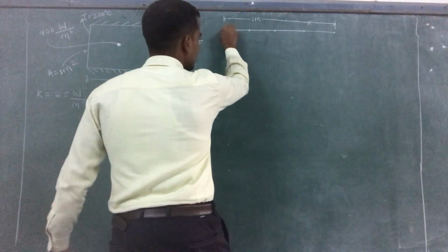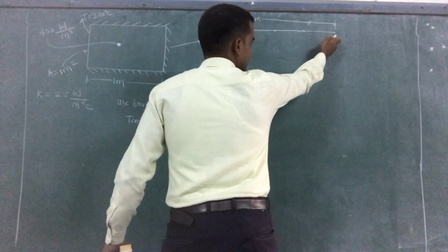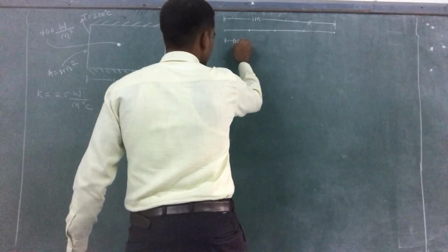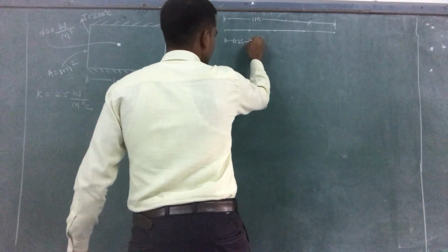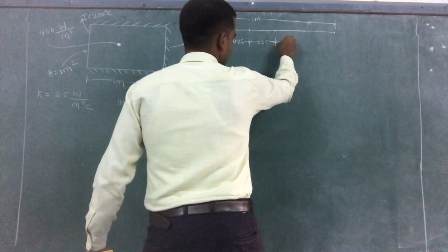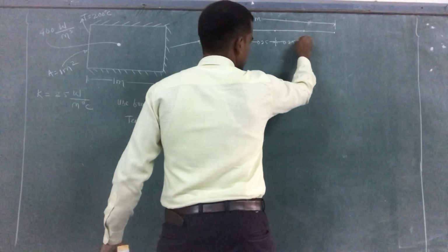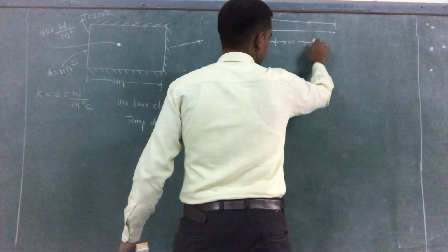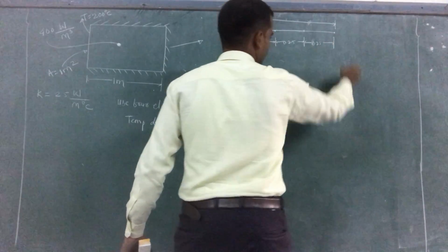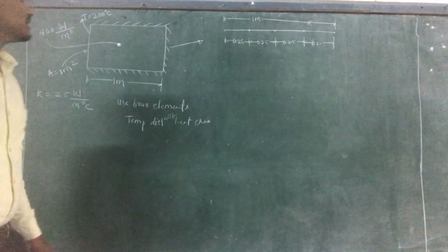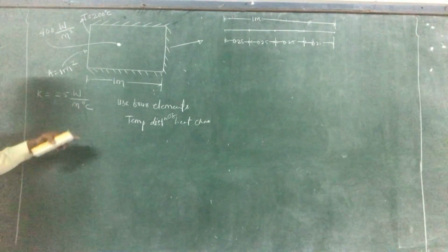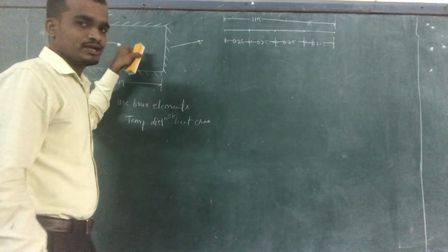Total length is 1 meter, so if we convert this total length into 4 elements, each element length will be equal to 0.25 meter. Then thermal conductivity K is given equal to 25 watt per meter degree Celsius for this heat chamber.